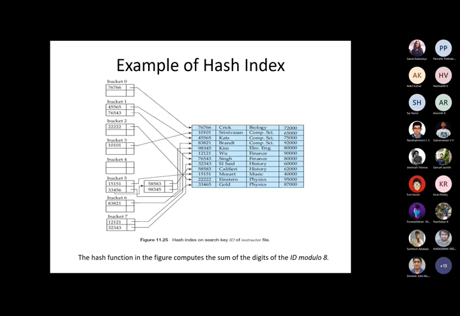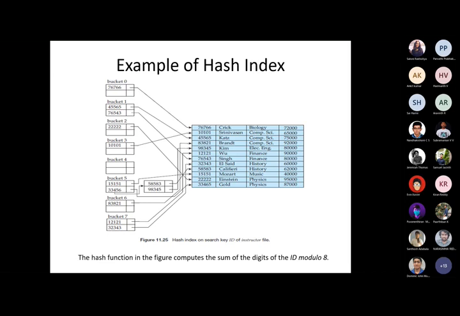For example, an instructor with the ID 76766. What is the sum of the digits in the ID? It's going to be 13, 20, 26, 32. 32 mod 8 is going to be 0, right? So the first record is stored in bucket 0.